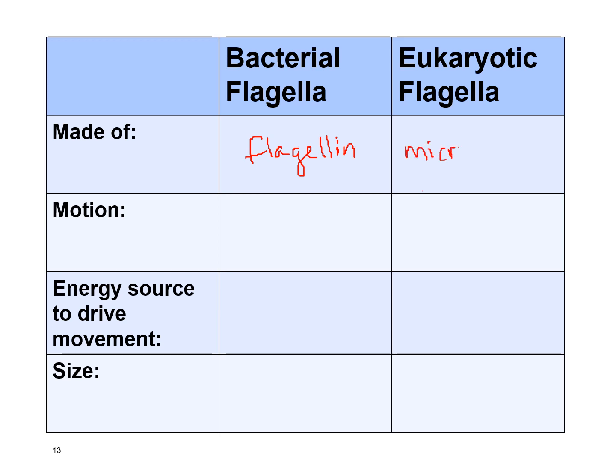And remember, those are made out of proteins as well. Remember, the microtubules are part of the cytoskeleton. As for the motion, the bacterial flagella spin around like a boat propeller, and the eukaryotic flagella have more of a whip-like motion.